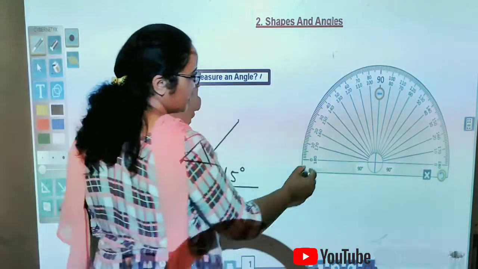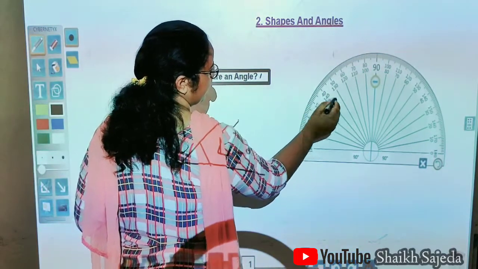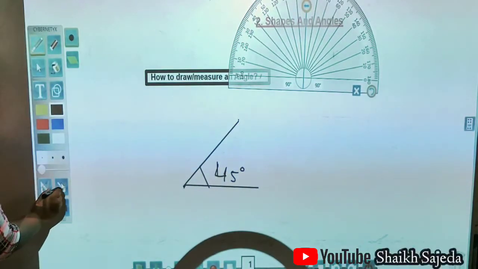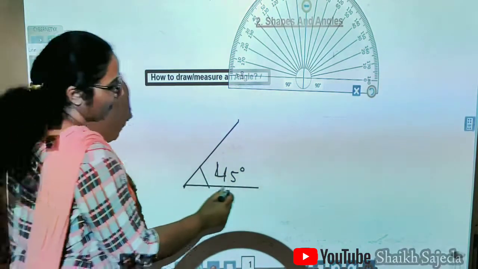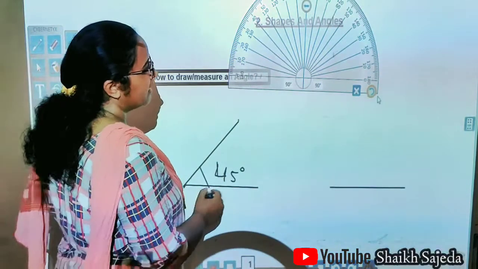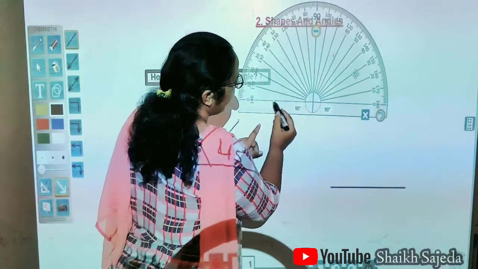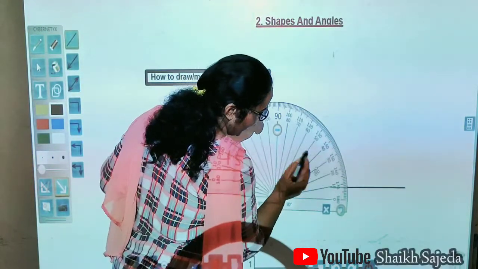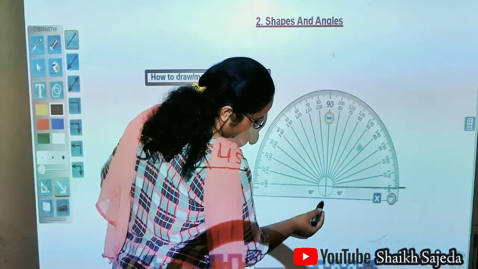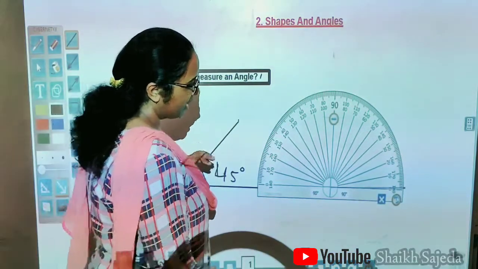Let's take another example. Suppose you have to draw an angle of 160 degree. First of all, draw a line. This is a line. Now put this point. Here you can see that here is one blue line and this is a black line. So put this point on the starting point of the line that we have drawn.